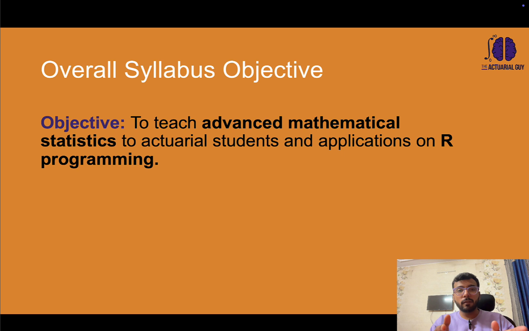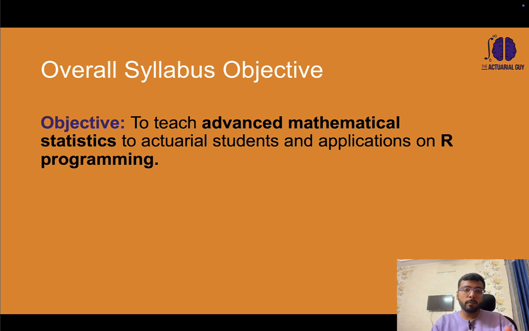One of the interesting things about CS1 is I did my master's degree in quantitative economics. I learned more mathematical statistics in CS1 than I did in my entire master's degree program. That's how exhaustive subject CS1 is, and that is what you'd see when I discuss the syllabus as well.